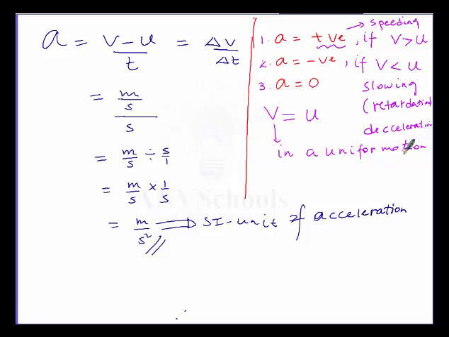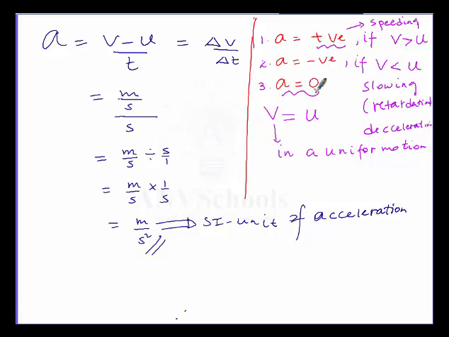So the value of acceleration can be 0 provided that either the object is at rest, it is not moving, or the particle is in motion, but motion with constant speed. There is no change, because to have an acceleration there must be a change in velocity. But in this case, the velocity remains constant, so the value of acceleration will be 0.